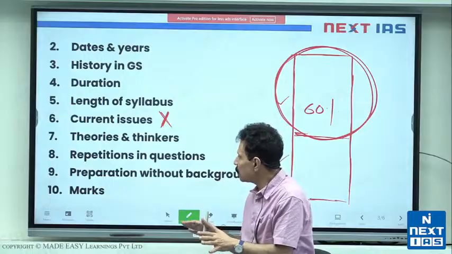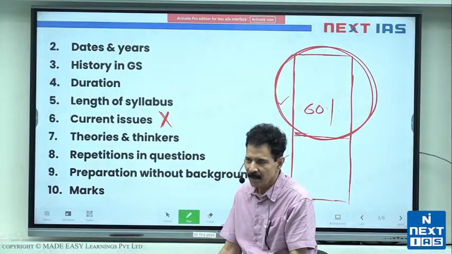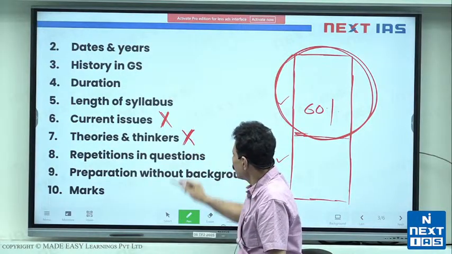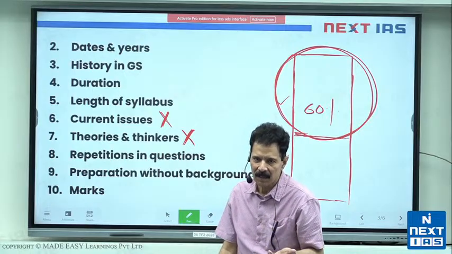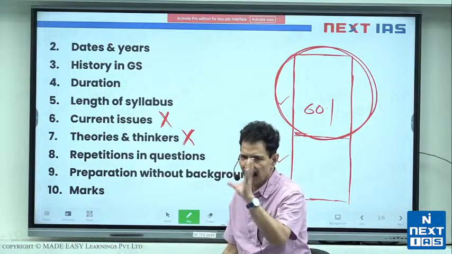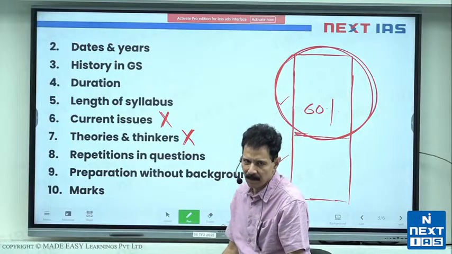History is the only subject where you don't have any typical theories and thinkers. So this is also completely absent. A few are mentioned like Immanuel Kant and Karl Marx, but you don't have typical theories there. Just some broad idea about their role in historical times. That's all.